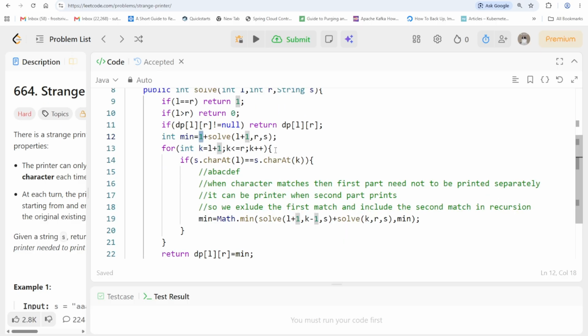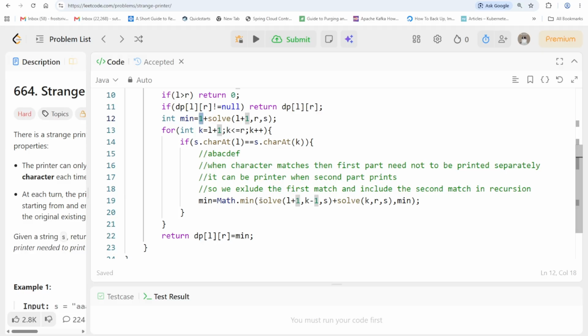Now this is the second approach that we have discussed, in which we can print characters simultaneously, right? So what we are doing, we are starting from k equal to l plus 1 to r, and then we are checking whether s[l] is equal to s[k], right? And then we are solving for l plus 1 to k minus 1 in the first recursive call, and the second recursive call will be from k to r, right?